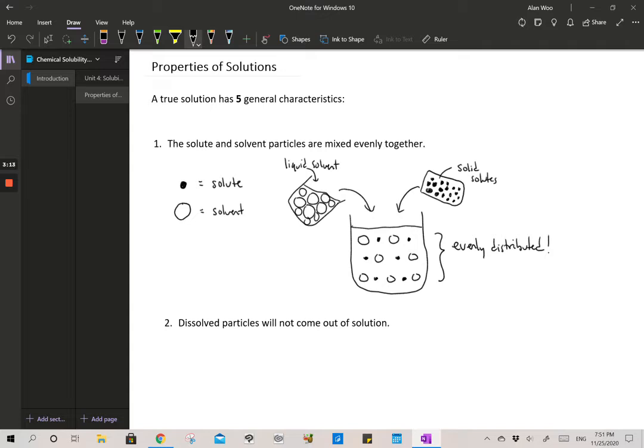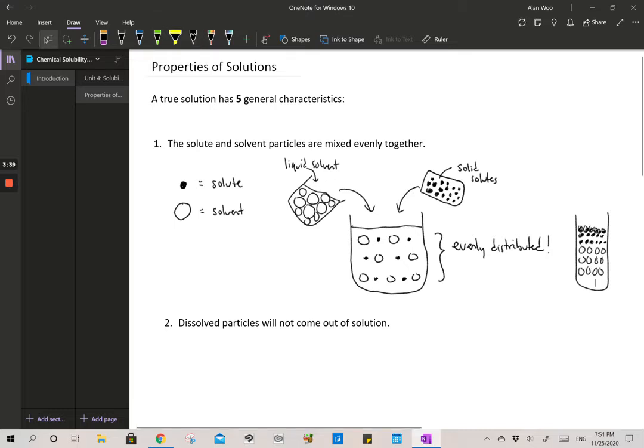Okay, so just as a side note, if you have two solutions that look more like this, okay, you can see the solutes are sitting on top and perhaps the solvent is at the bottom.